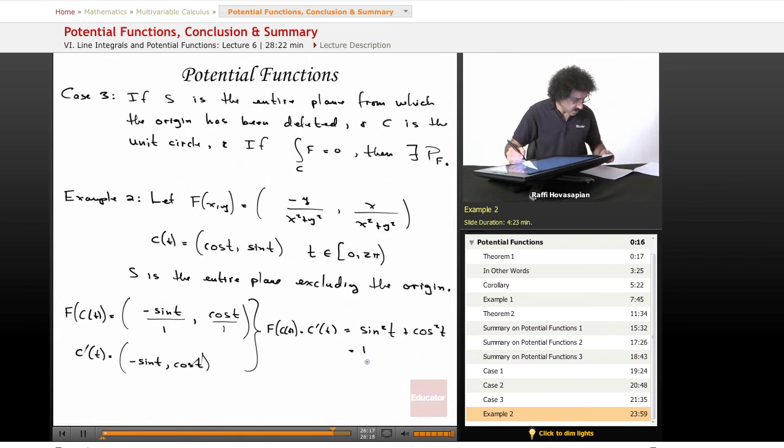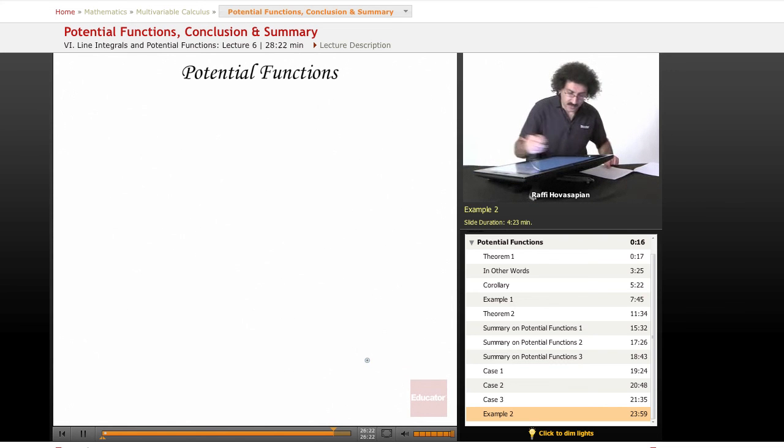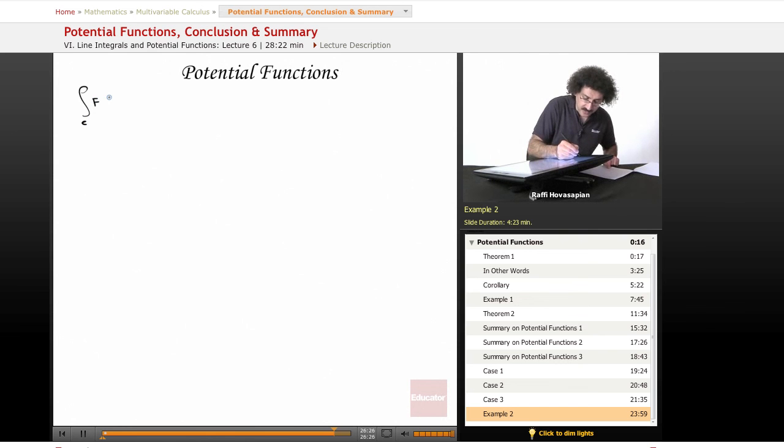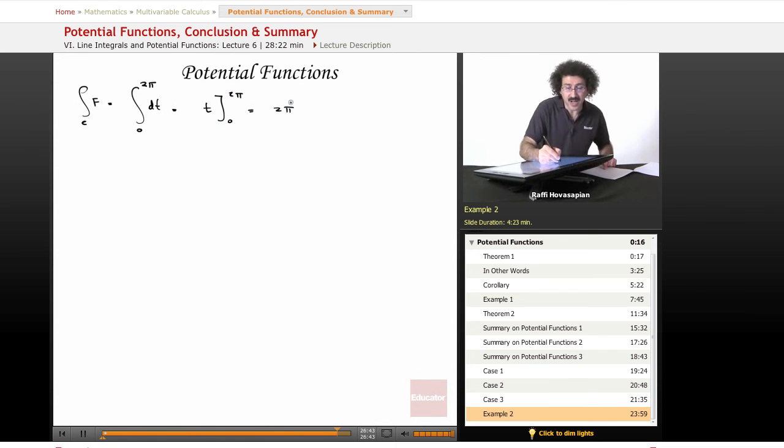So now, let me do this on the next page. The integral of our vector field over our unit circle is equal to the integral from 0 to 2 pi of just 1 times dt, which is dt. And that's going to equal t from 0 to 2 pi, which equals 2 pi.